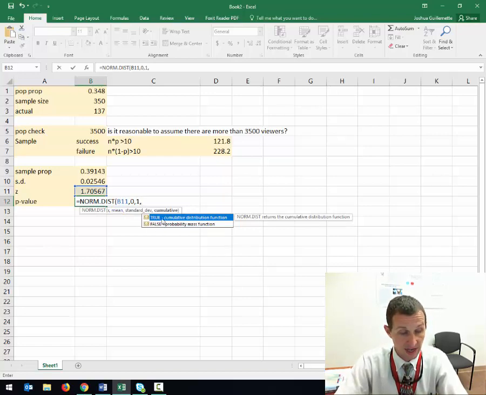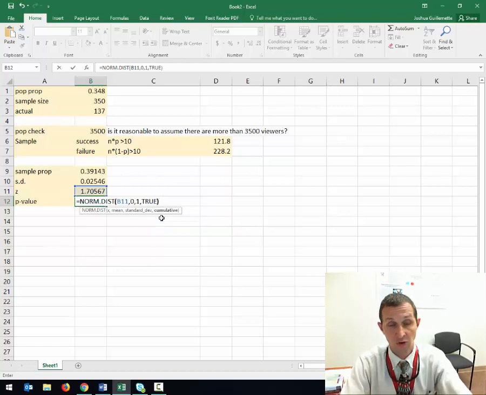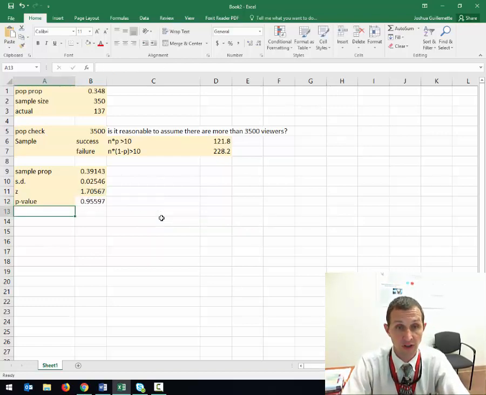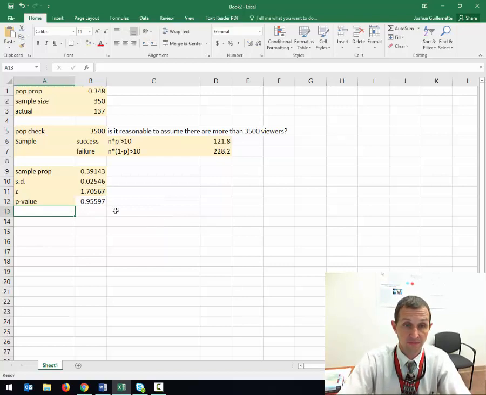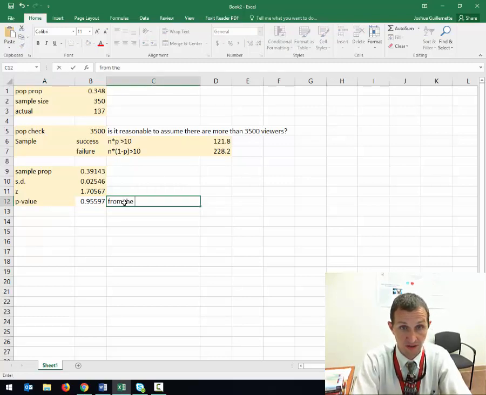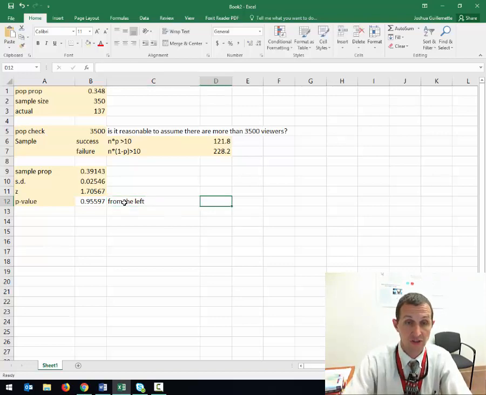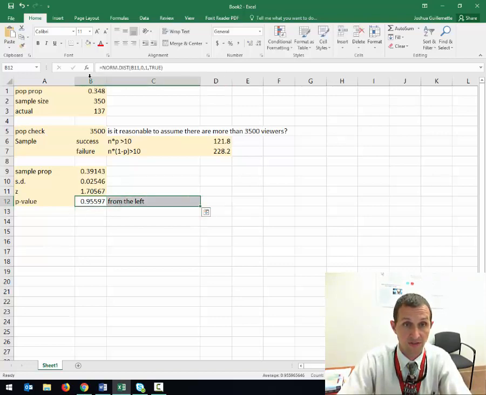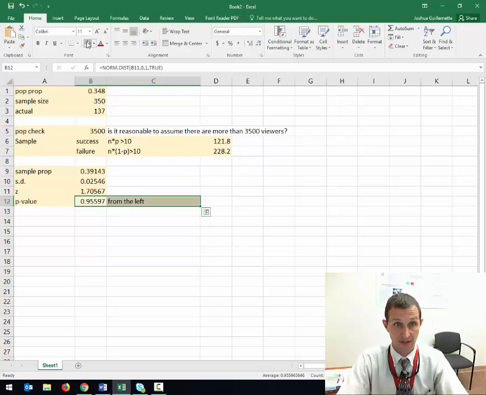You can double click on true, type true, or hit tab. And what you get is 0.95557, right? And so this is from the left. You want to pay attention to this number and the fact that it's from the left.